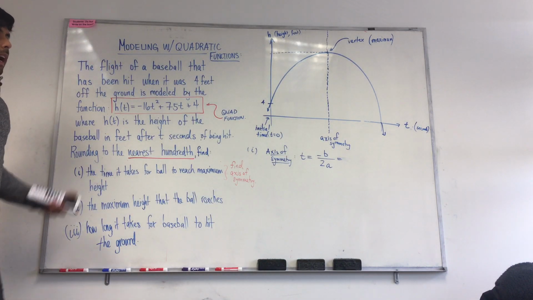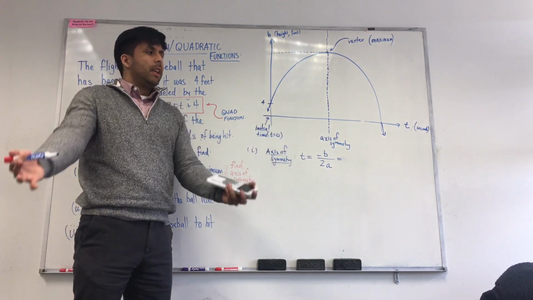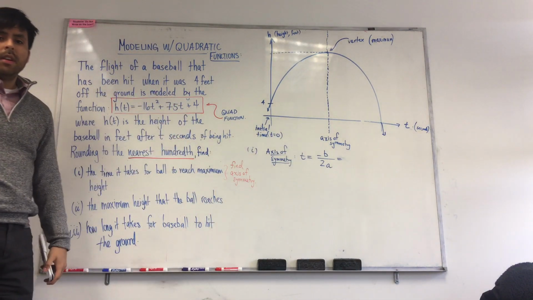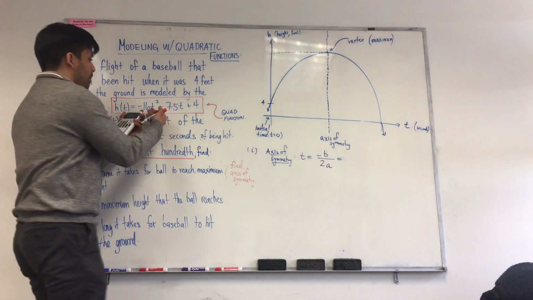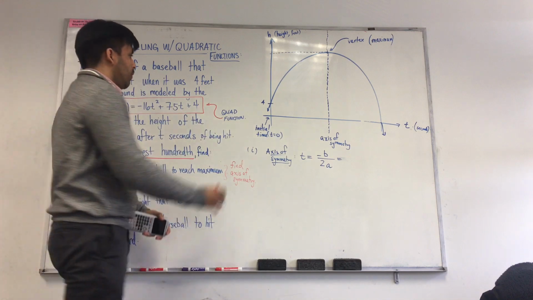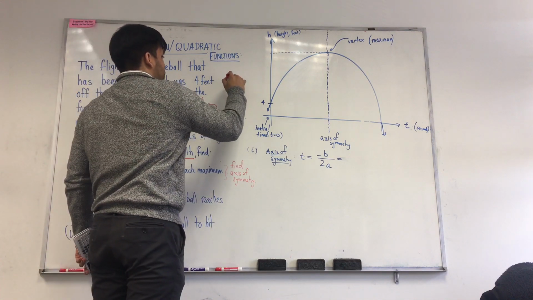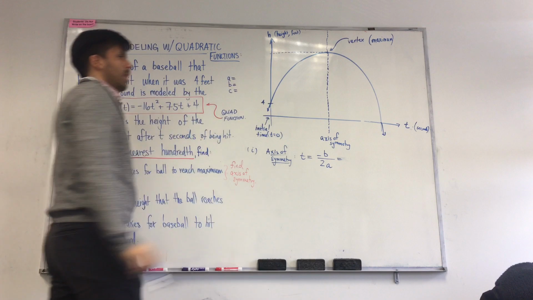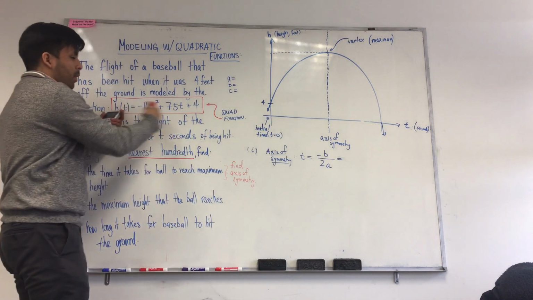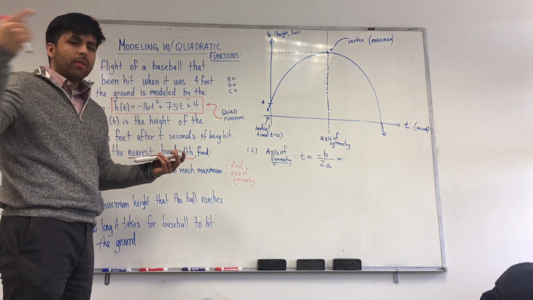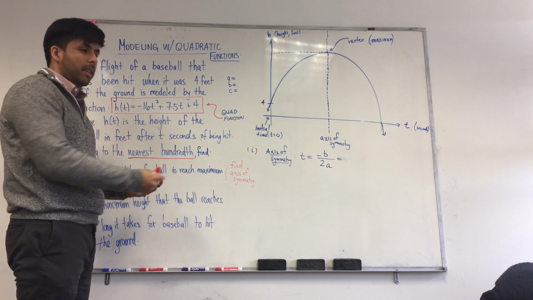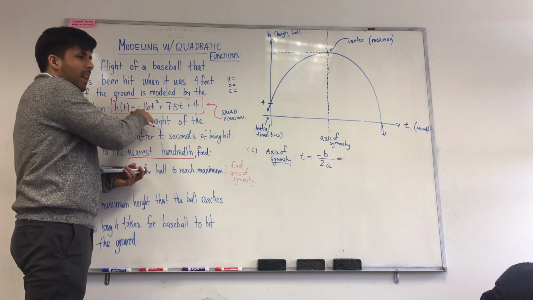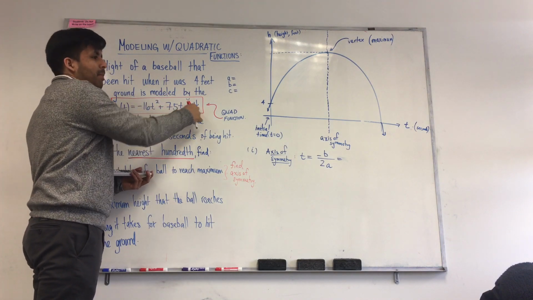Great. Now how do I find this? Well, the good thing is we have a quadratic function, and it's in polynomial format, so I can read off what a is, what b is, and what c is. Usually we have a quadratic in the form ax squared plus bx plus c. In this case, it's a t squared plus bt plus c.